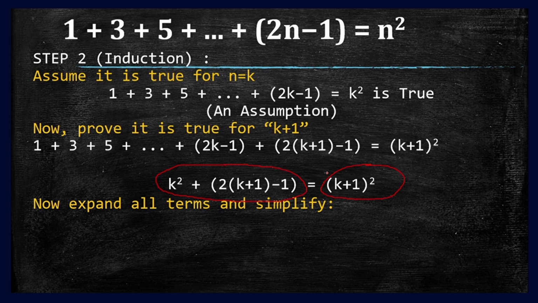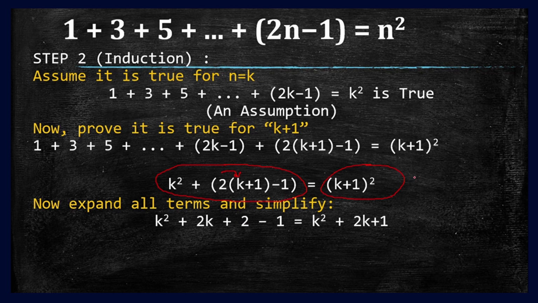So in expanding, we are going to multiply 2 by what is inside our parentheses. So we're going to write k squared plus 2 times k is 2k, then 2 times 1 is 2 minus 1. In the right side of our equation, we'll just expand this one.